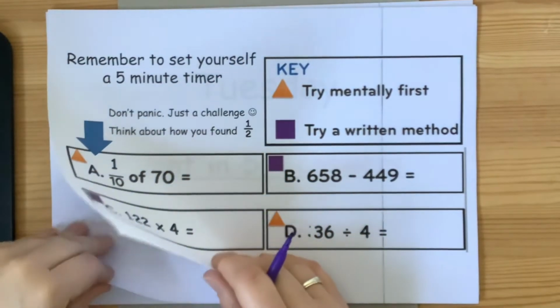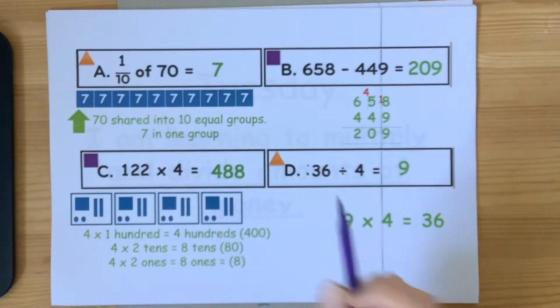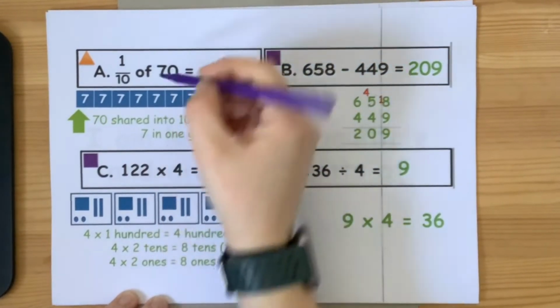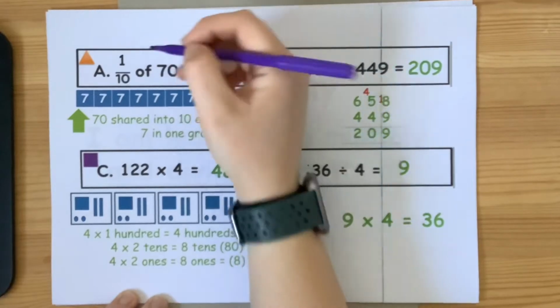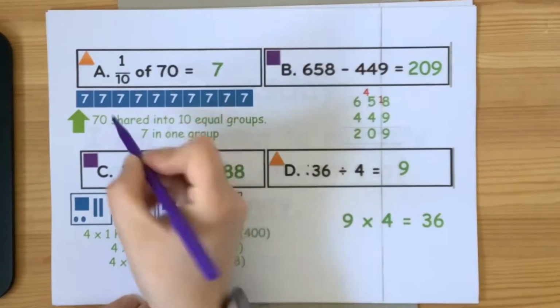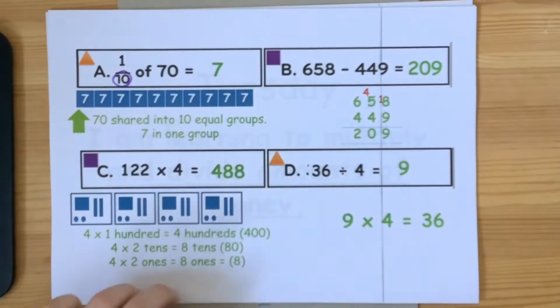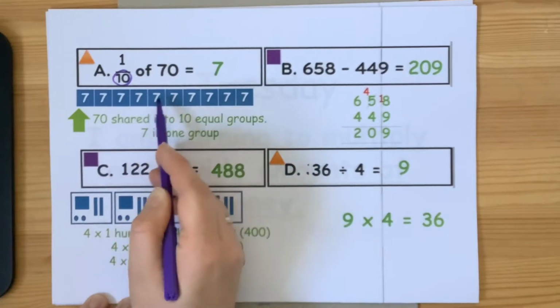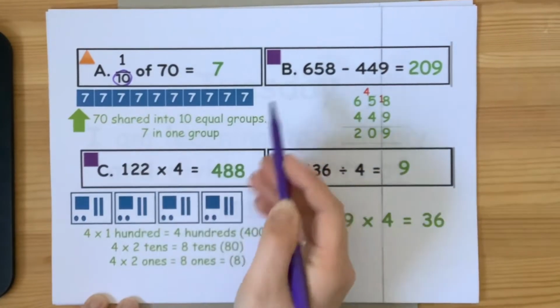So the answers. In order to find 1/10 of 70, all I do is imagine, like the other day when I had my cake and I split it into 2 pieces because I split it in half. This time I'm going to split it into 10 equal pieces. So I've made a bar here, and in my bar I put 1, 2, 3, 4, 5, 6, 7, 8, 9, 10 pieces.